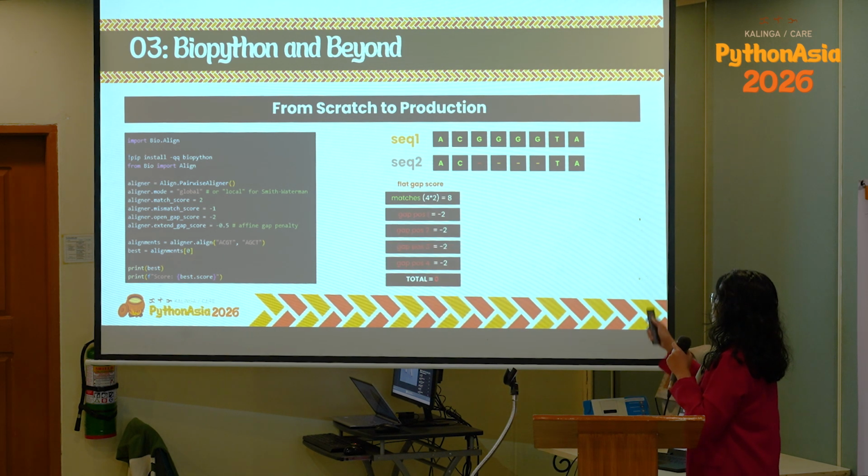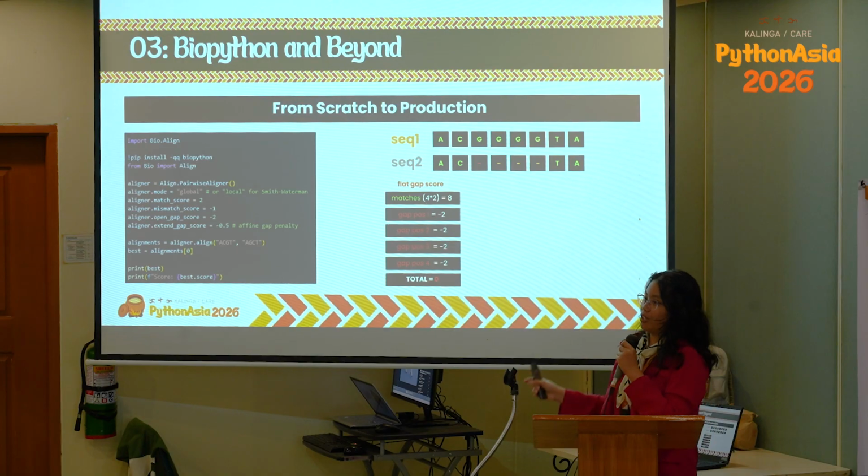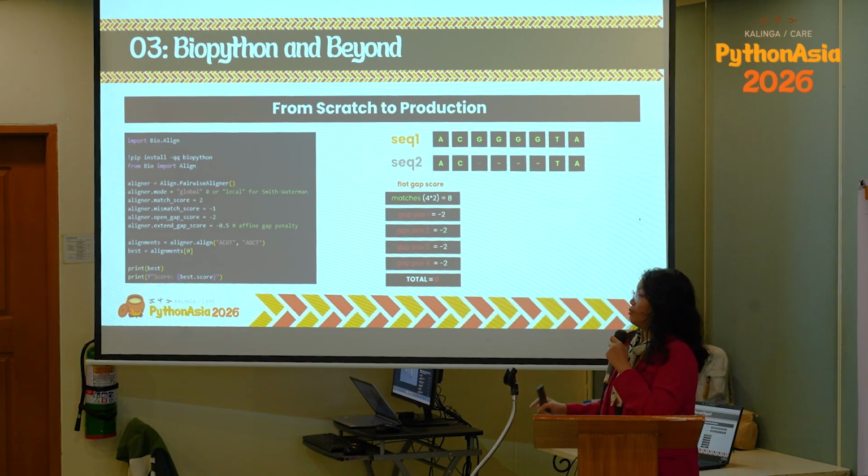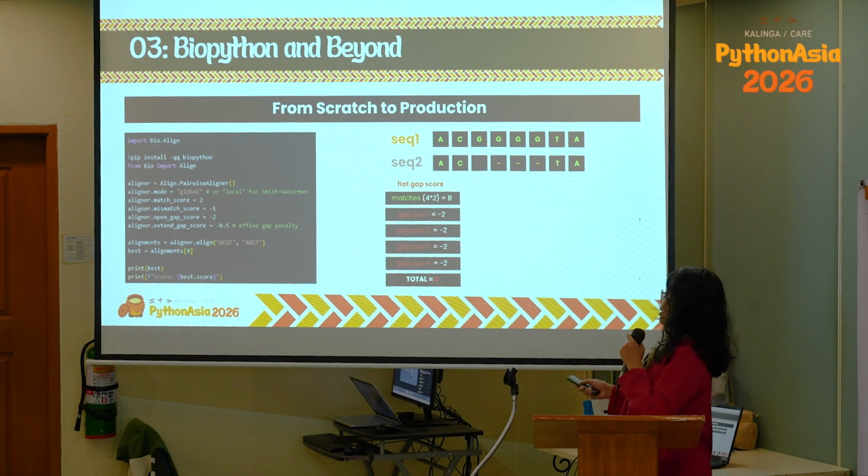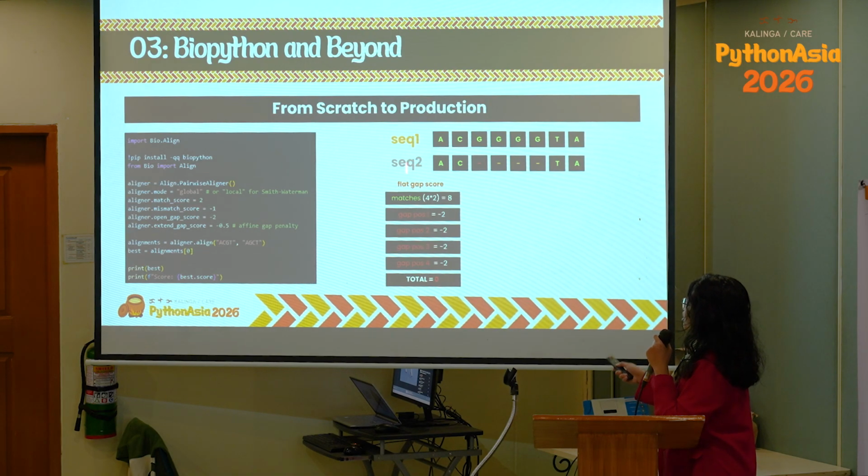Okay. If we're going to use the flat gap score, or the previous one that I've taught you, which only has one gap score, we're going to be doing the matches. So we're going to count the number of matching letters here. We have 1, 2, 3, 4. And if we have 2 as the matching score, times that, and you will get 8. And then we're going to go to the gap positions. We have 4 gaps here, as you can see.